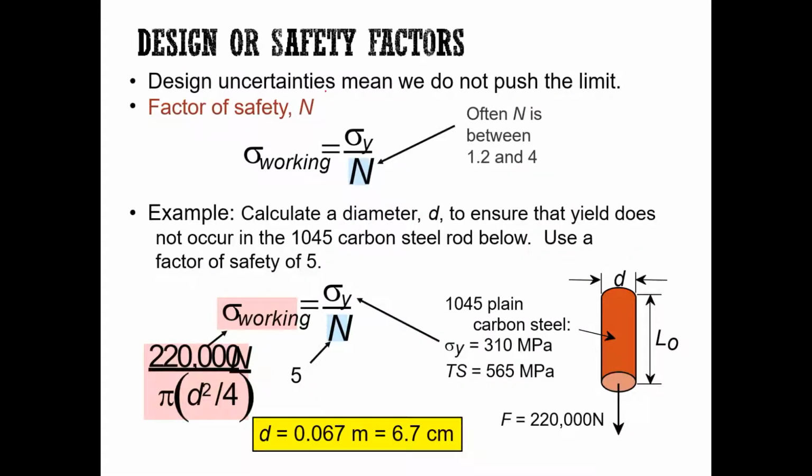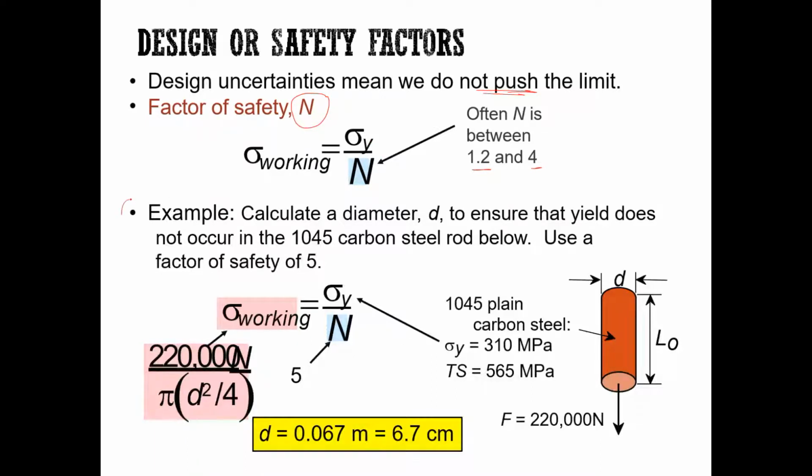Design uncertainty means we do not push the limits, right? We do not push the limit. The factor of safety, N, as I mentioned previously, is between 1.2 and 4. So your working stress is equal to your yield stress divided by N.